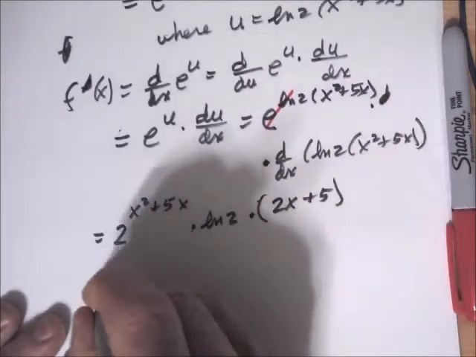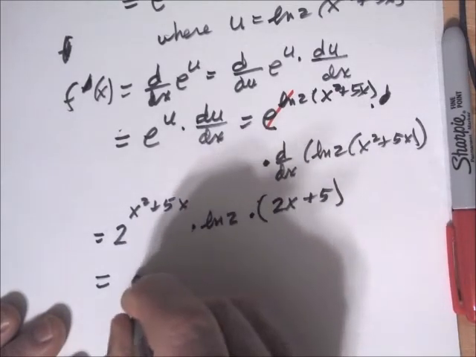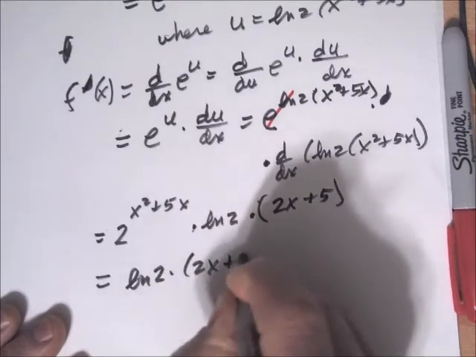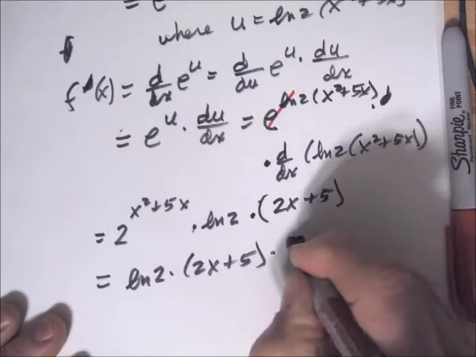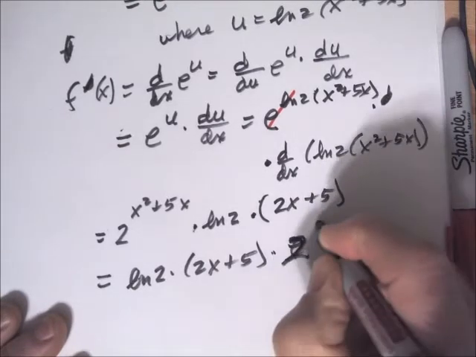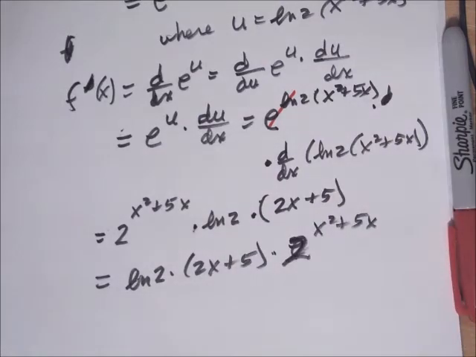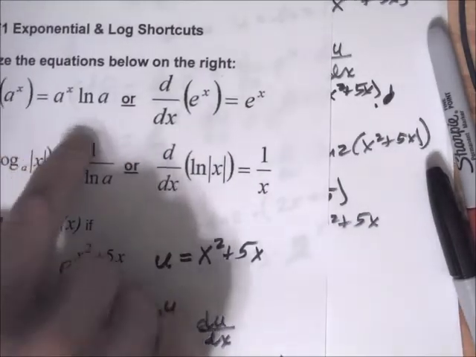And then I usually like to write the numeric and algebraic part first, so let's write this as ln 2 times 2x plus 5 times 2 to the x squared plus 5x. Okay. So these two formulas are pretty much equivalent.